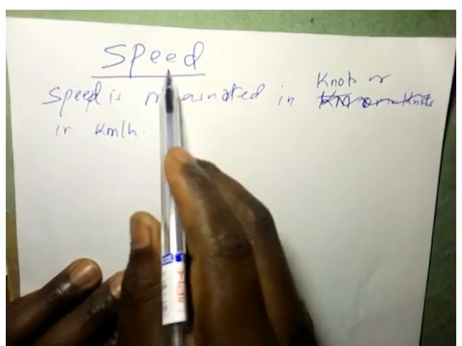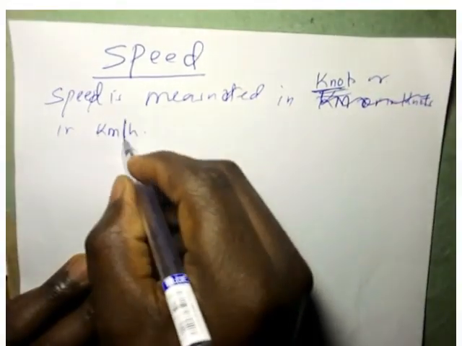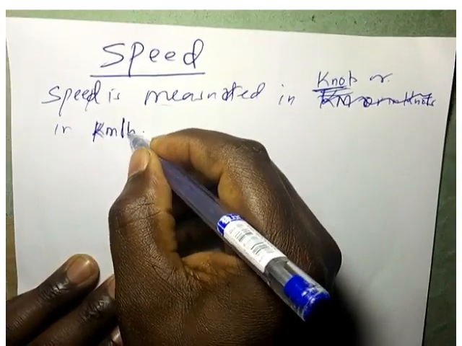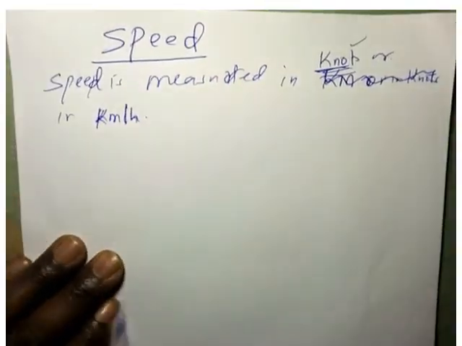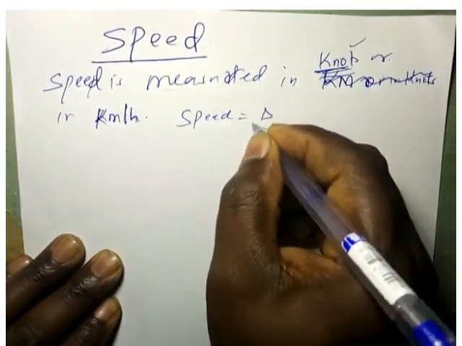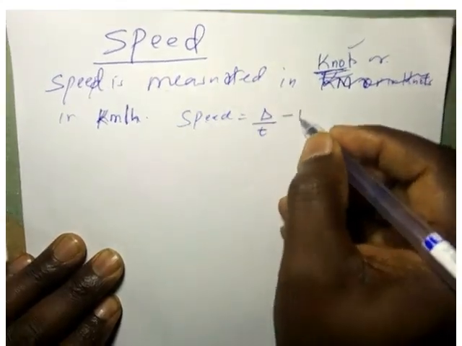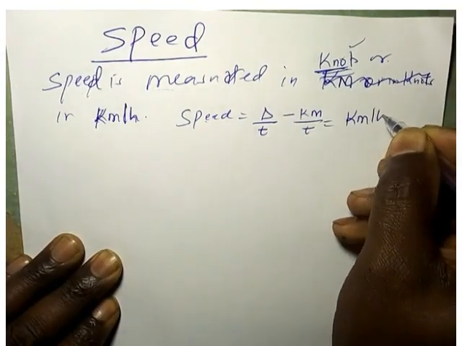We know that speed is measured in knots or in kilometers per hour. Speed in kilometers is given in kilometers per hour. Something new we are going to learn is about knots. We know that speed is equal to distance divided by time. If the distance is in kilometers divided by time, it gives kilometers per hour.